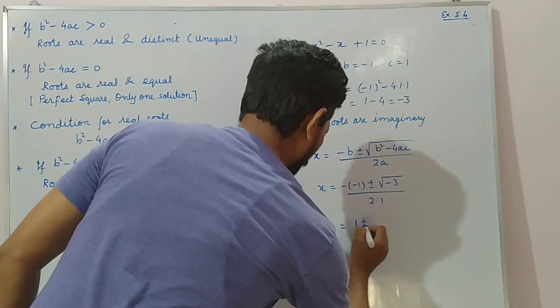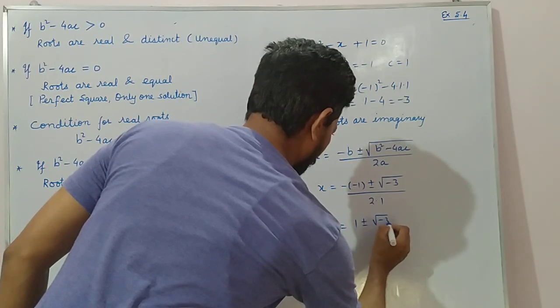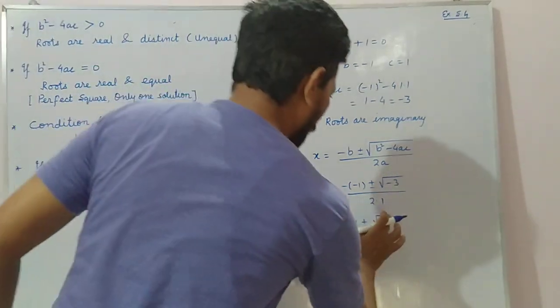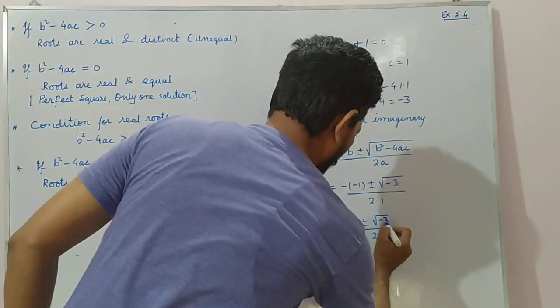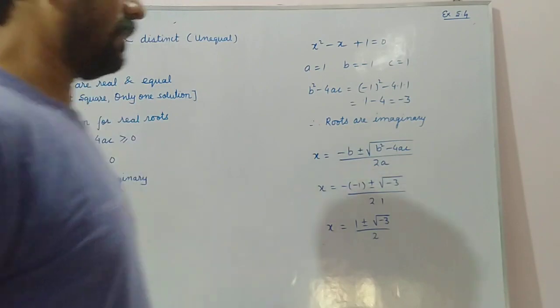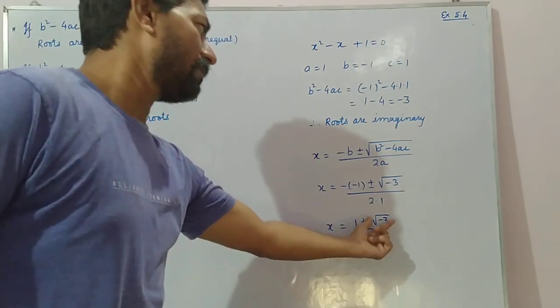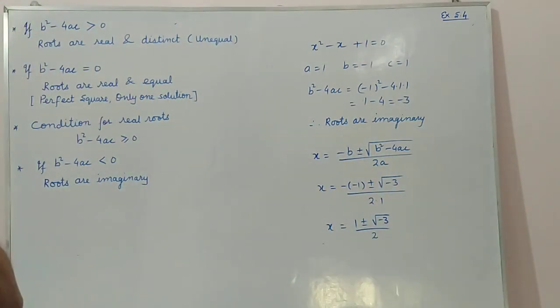X equal to 1 plus or minus root over minus 3 by 2. Now see here, we cannot determine the value of square root of minus 3, because this will be an imaginary number. That is why roots are imaginary. We cannot determine the square root of minus 3. So it is imaginary.